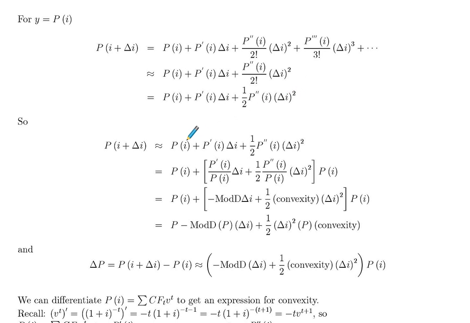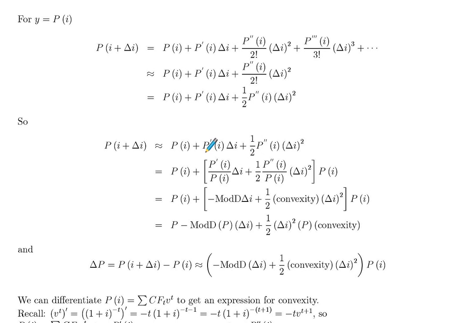Okay, so now we're going to do a little bit more work with this approximation. So the price at this new value, I plus delta I, so plus some increment in the interest rate, we want to see how that changes price, is going to be approximately equal to the second order approximation here. And then what we would like to do with that is we'd like to write it in terms of relative measures, okay, because modified duration and convexity are relative measures.